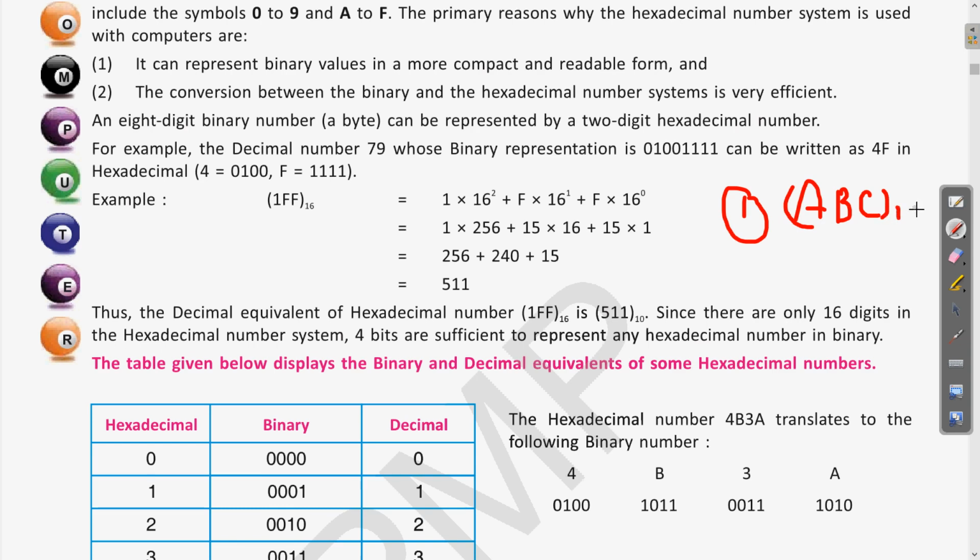You have to convert this into decimal. Write one more example, like 1C9. Convert this also into decimal. Clear? Write these two questions and do them in your copy also.